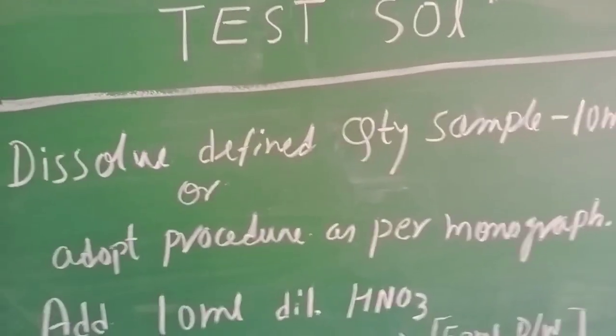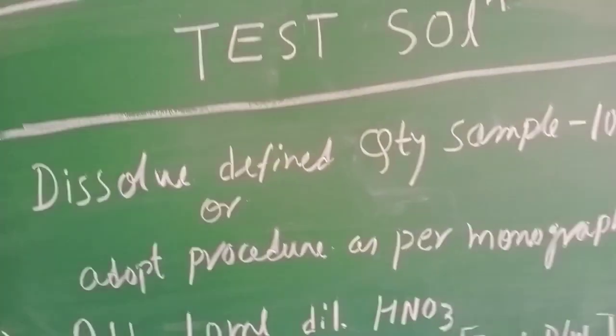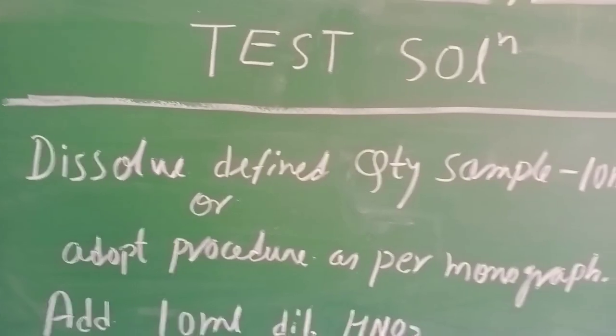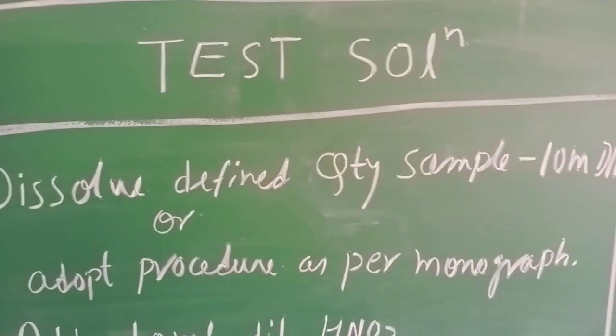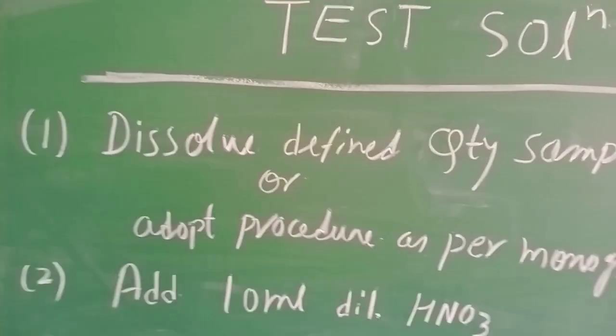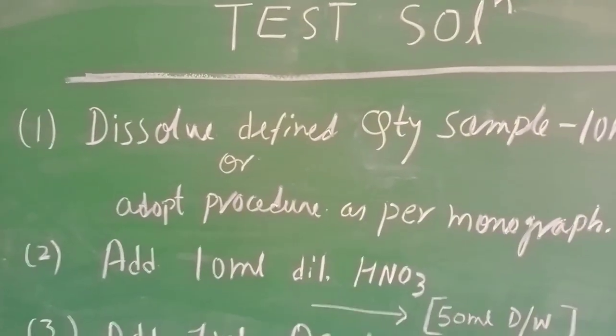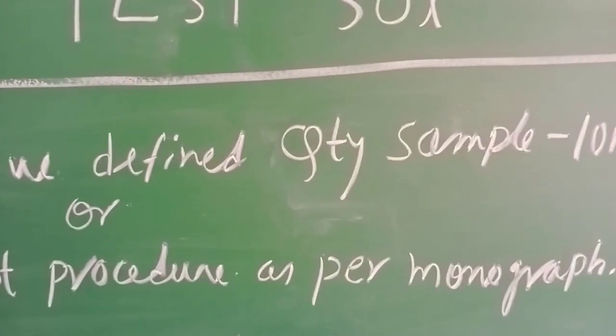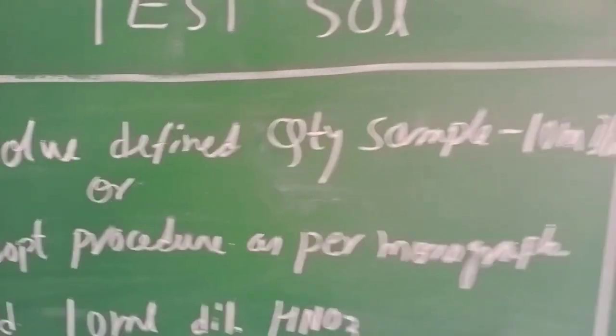Initially we have to dissolve the sample in the definite quantity, that is 10 ml of distilled water, or adopt the procedure as given in the official monographs or pharmacopoeias.